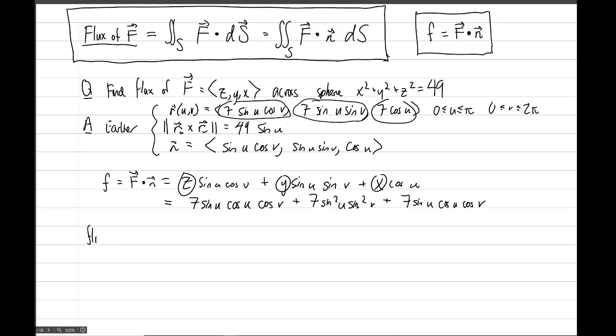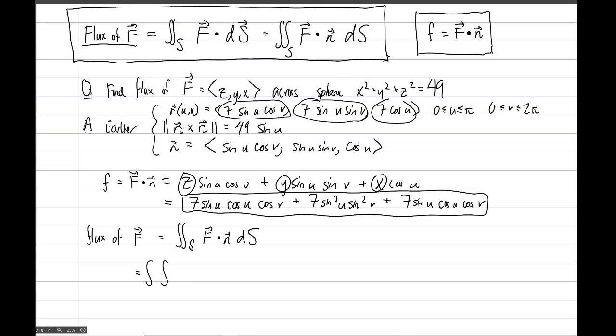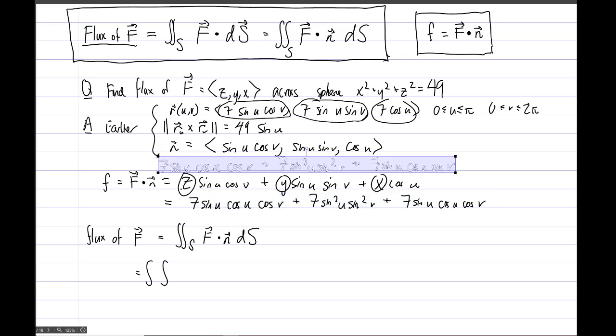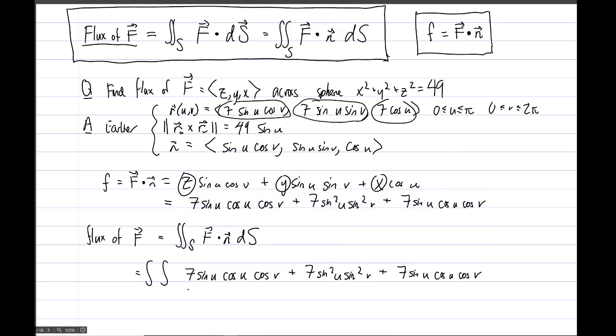Then the flux of the vector field across the surface S is the double integral over S of F dot n dS, which ends up equaling the integral, let's leave a little space here, so we'll take the lowercase f, which is this right there, and we're just going to copy paste this down there.